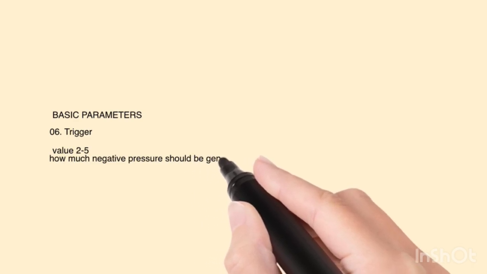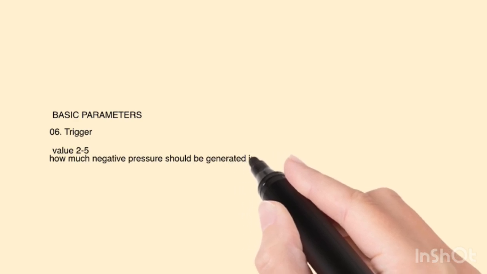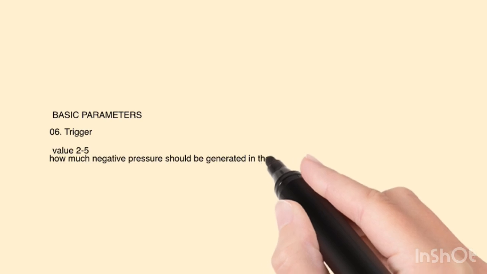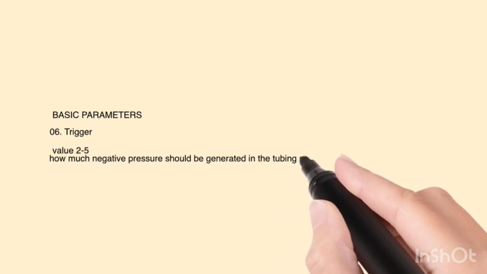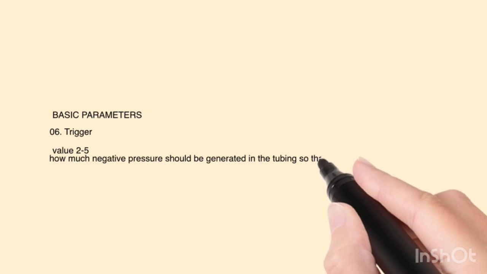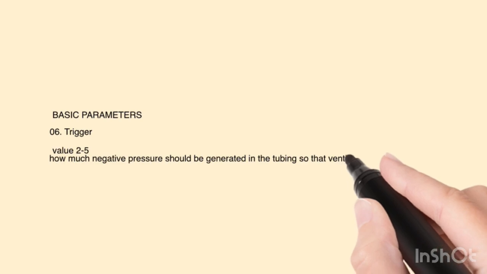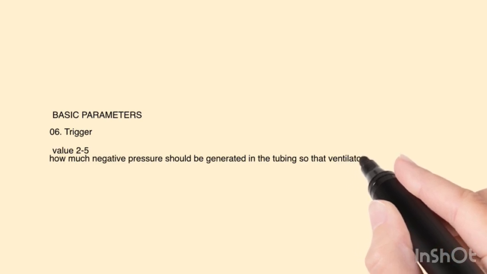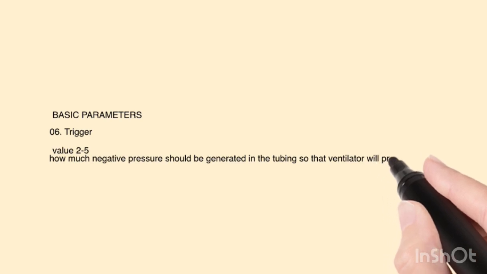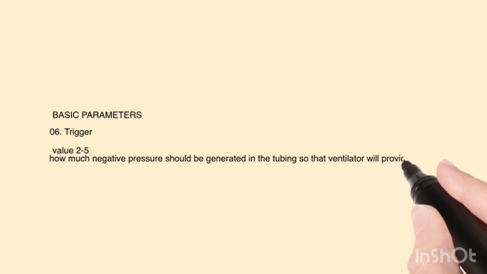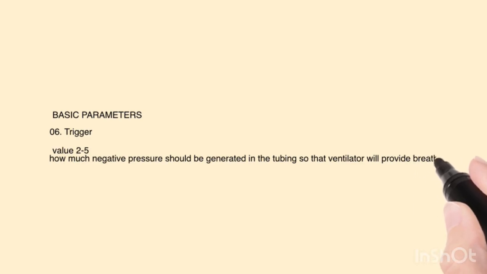When we inhale in a normal environment, negative pressure builds up in our thoracic cavity, in the thorax. The same thing happens in the tubing system also, because this is now a closed system. When the patient inhales, negative pressure is generated in the tubing system. So by the trigger, we are setting the level at which the ventilator will be triggered and the breaths will be supported. I will explain this further.